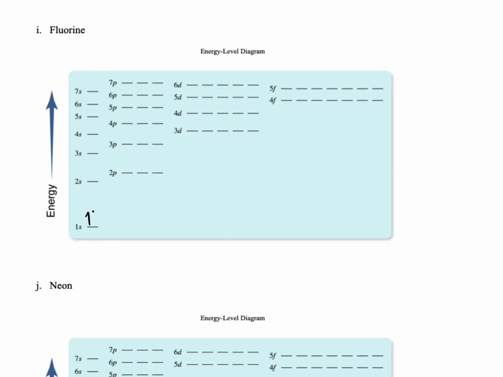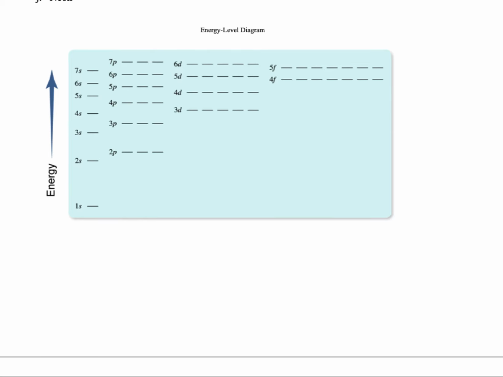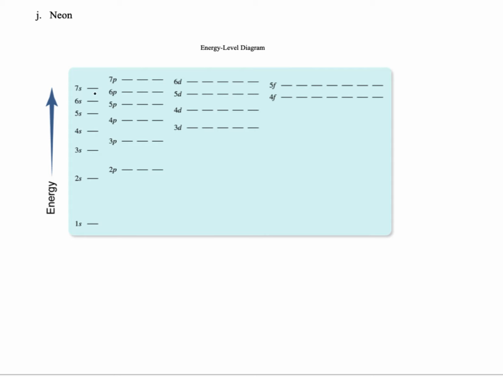For fluorine, we'll see that the 2p orbital is almost fully complete. We're going to have this, and that'll be 1s2, 2s2, 2p5. If we have 6 in the p shell, then that's going to complete the p shell. And that's what will happen here with neon.